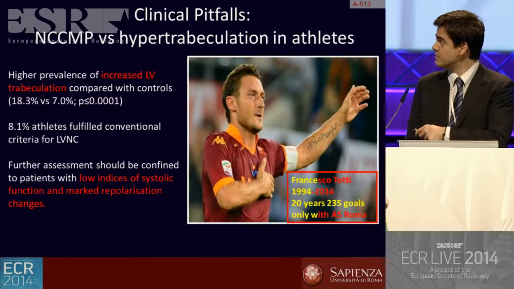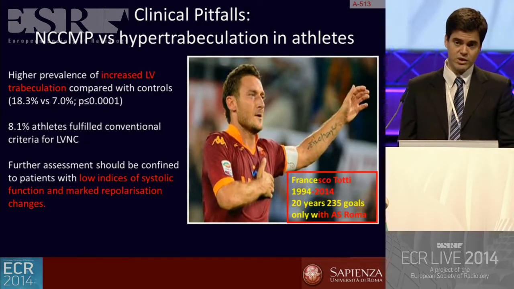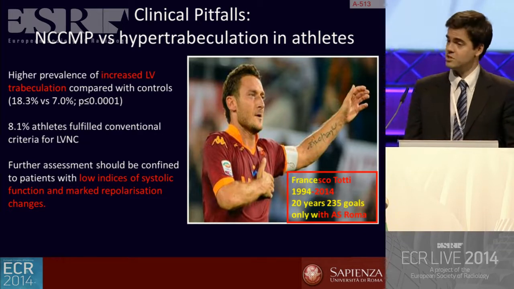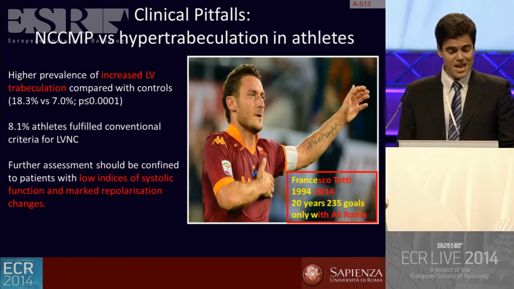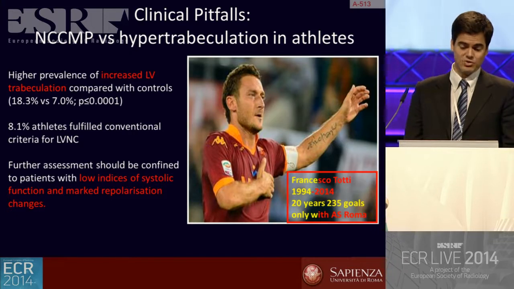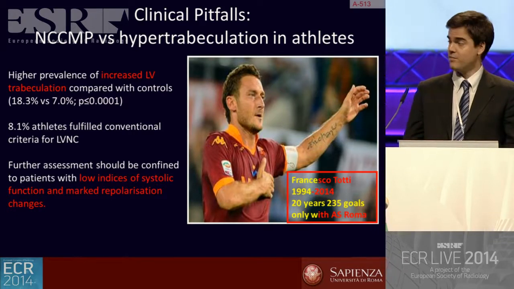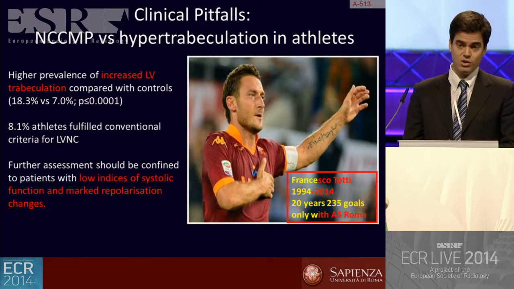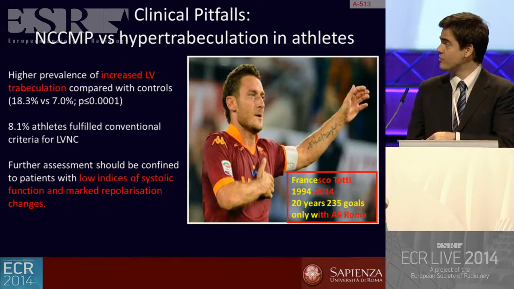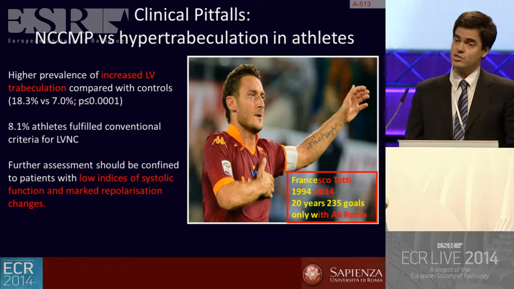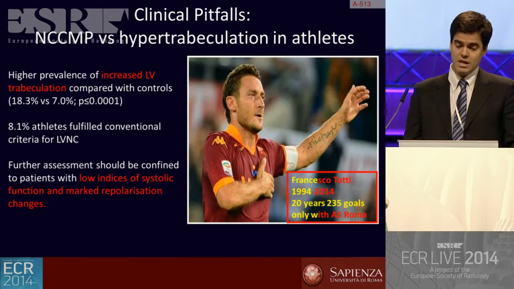So, by the way, this player is Francesco Totti, 20 years with a single team, so let me dedicate 30 seconds to that, because we are talking about hypertrabeculation in the left ventricle in athletes, which is very, very common. So, again, if we look at the criteria I previously showed you, and we look at the hypertrophied ventricle of the athletes, up to 8% of the athletes should fill conventional criteria for non-compaction.